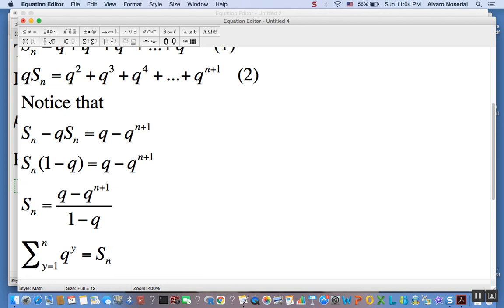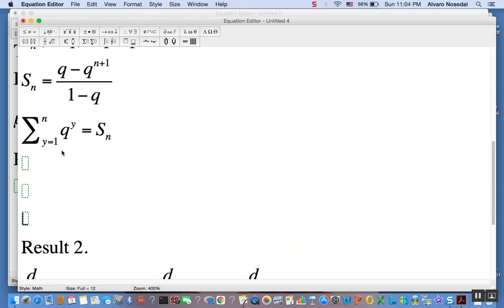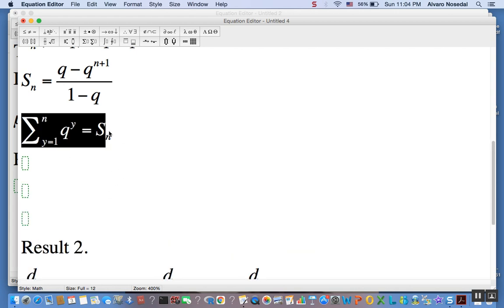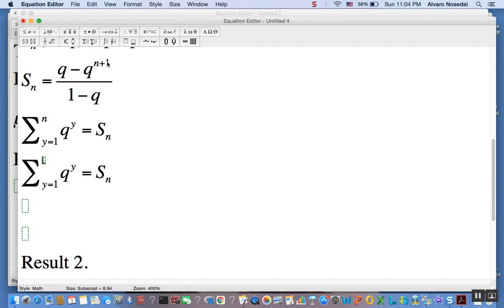So when we have an infinity symbol instead of an n here, what we mean is this. That's just shorthand for the following.